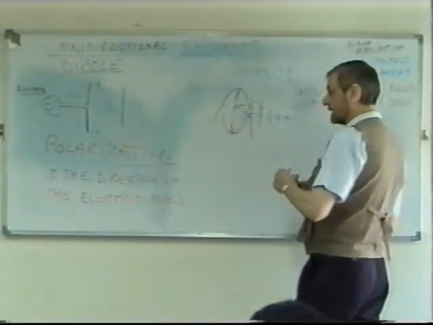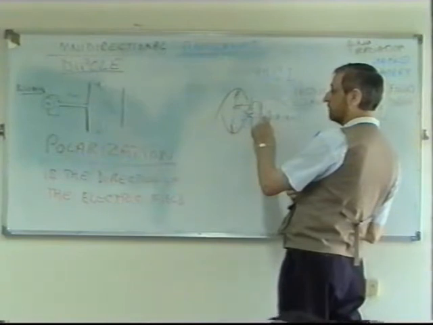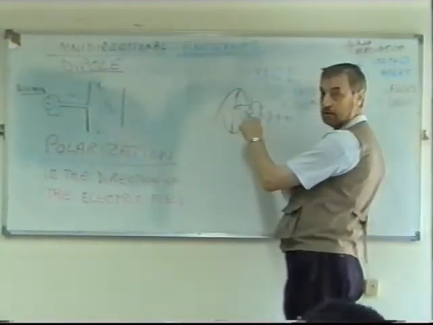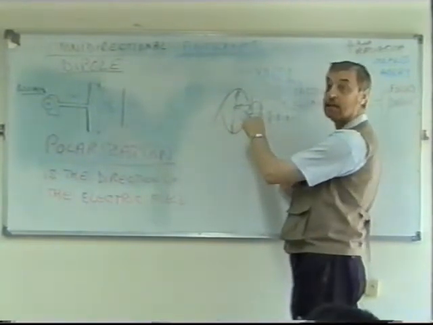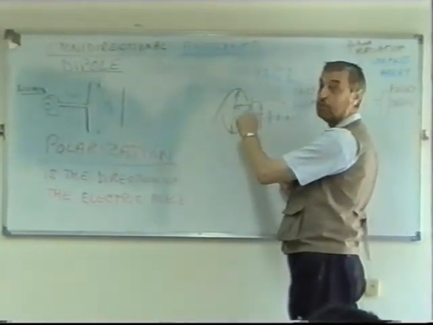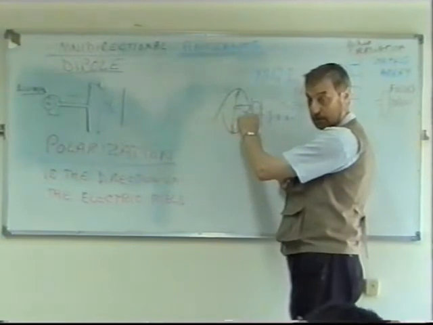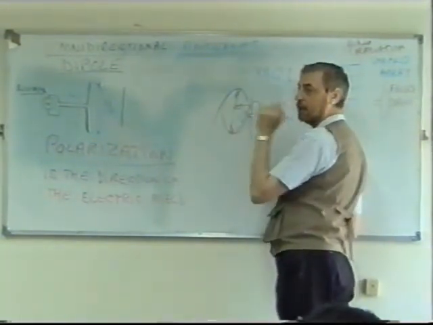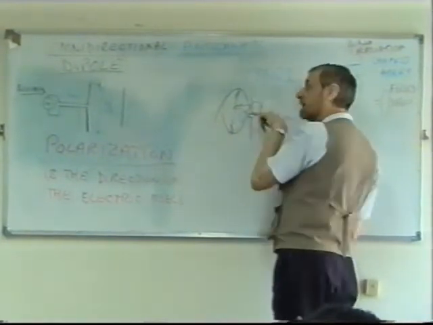But in actual practice, because of the re-radiation from here, the original radiation from the dipole will not be as big, it'll almost be zero. That's what actually happens. There is very little, or decreased, radiation in that direction.